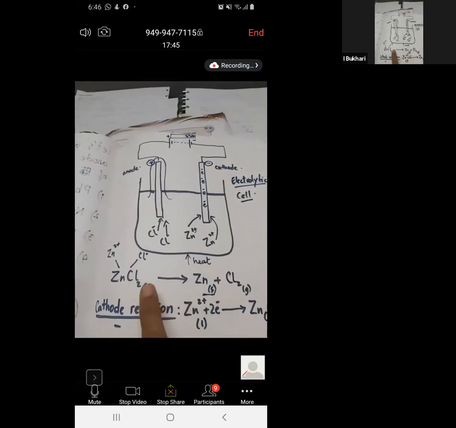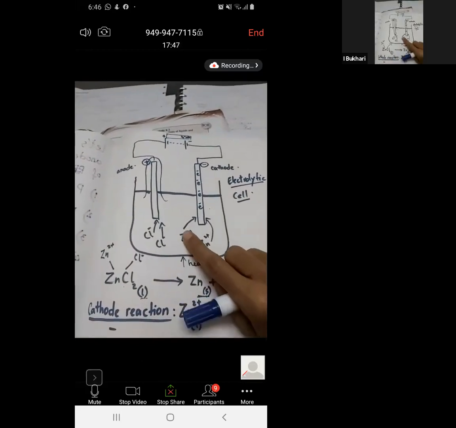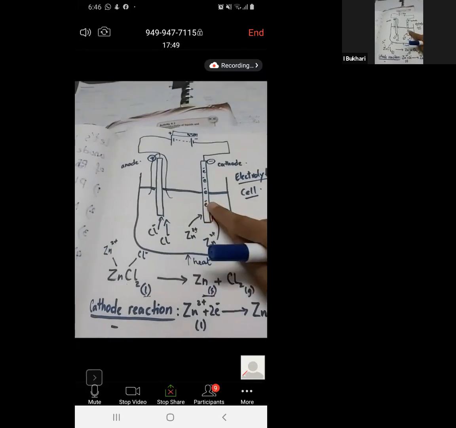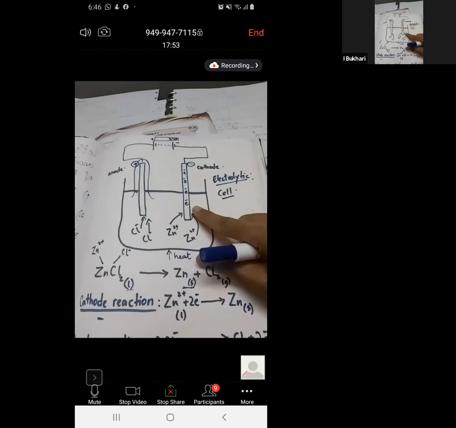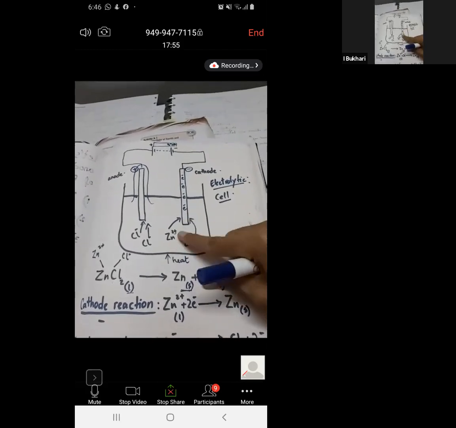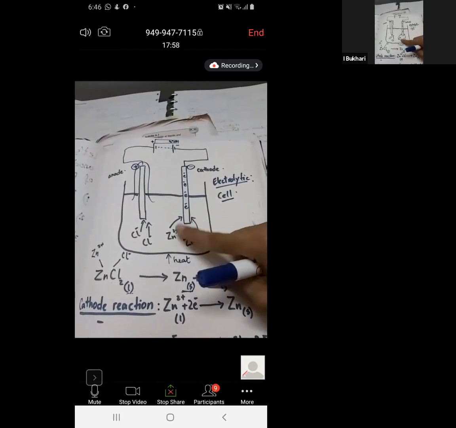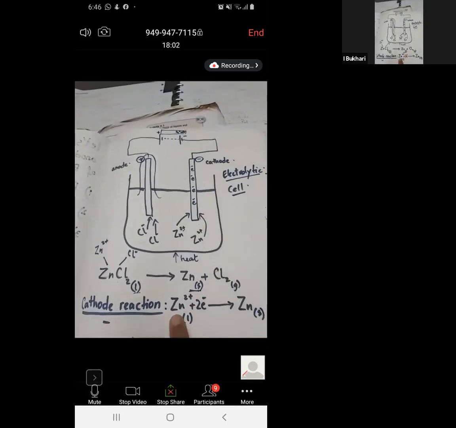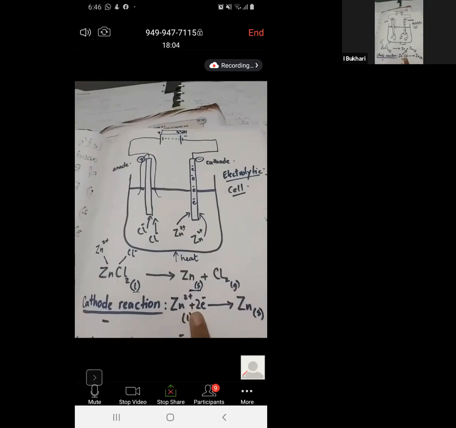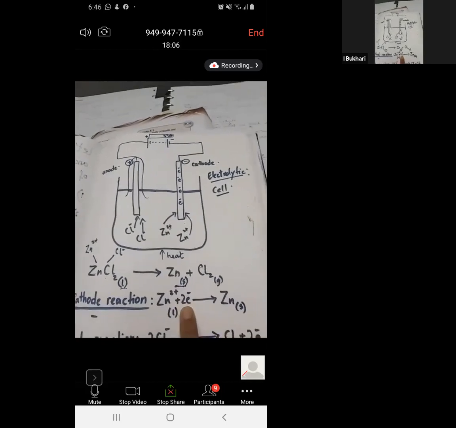Now, of course, the cations will be attracted towards the negatively charged electrode, which is the cathode, right? Because of the electrostatic attraction between opposite charges. Now, when the cation gets attracted towards the cathode, it accepts two electrons.